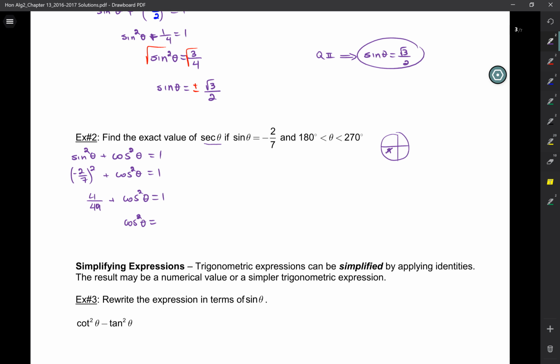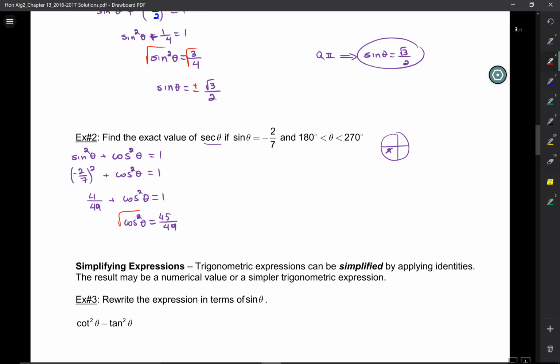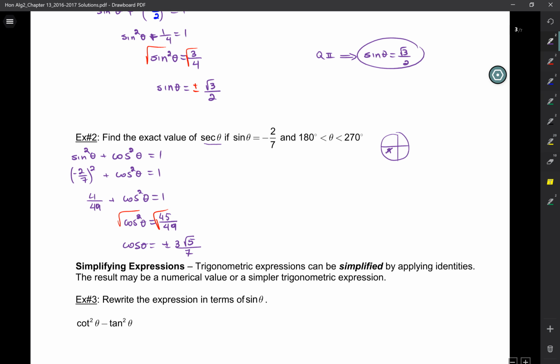So this is 49 over 49 minus 4 over 49. So take the square root, and cosine of theta is equal to plus or minus 3 root 5 over 7. But am I going to take the plus or the minus? Since we're in quadrant 3, minus. Cosine of theta is negative 3 root 5 over 7.